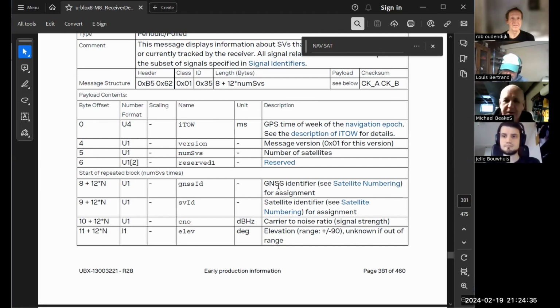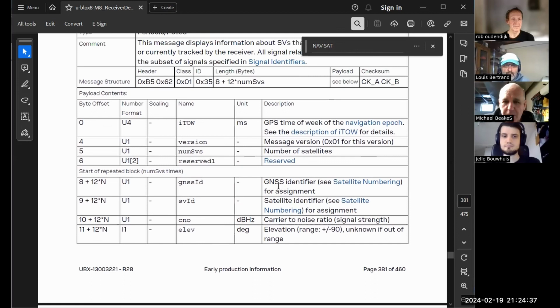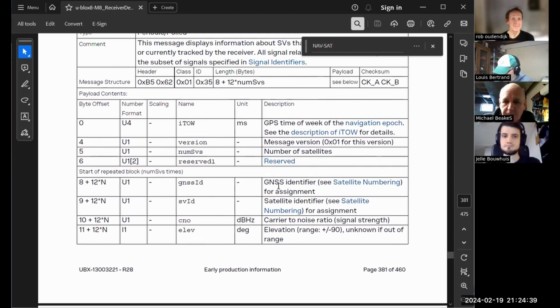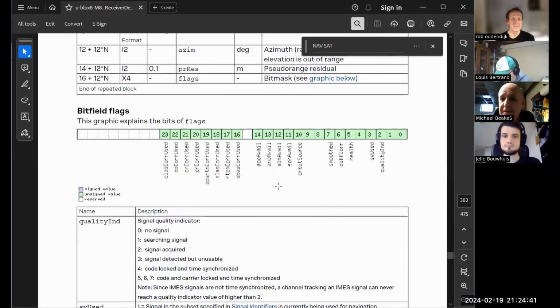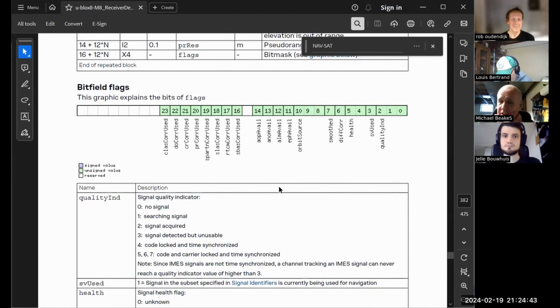There's a whole bunch of things in here, and there's up to 197 different satellite IDs that are available. The packet supports 255, but a satellite can only be recorded once.